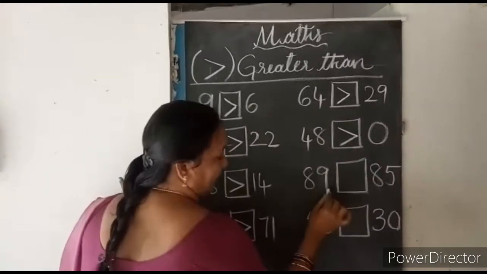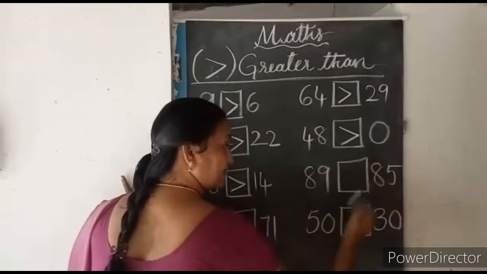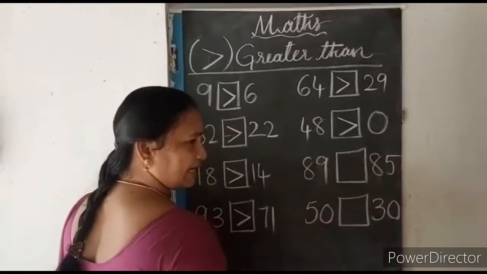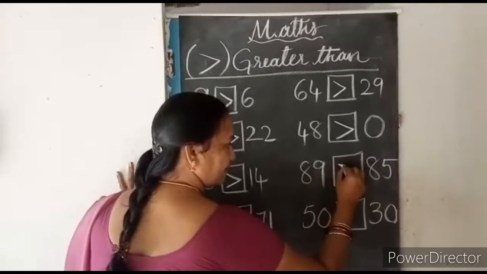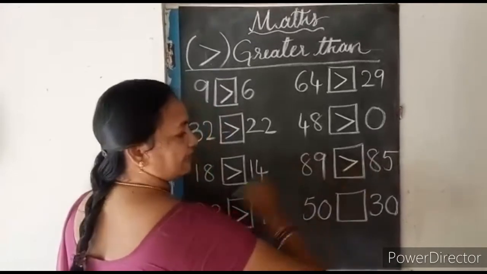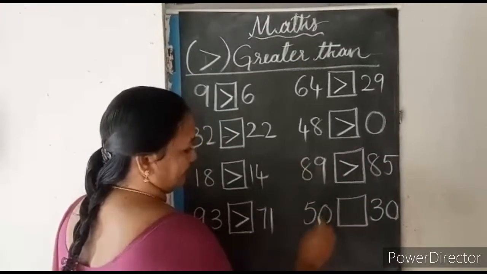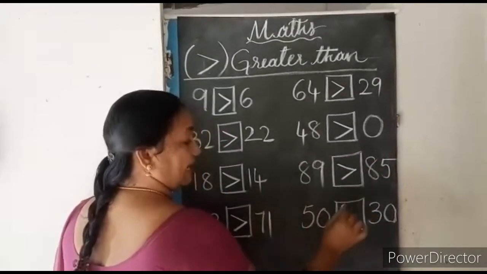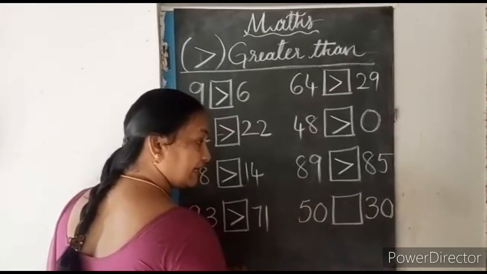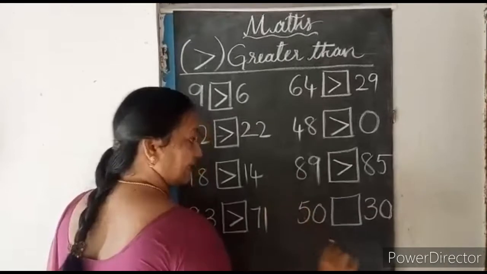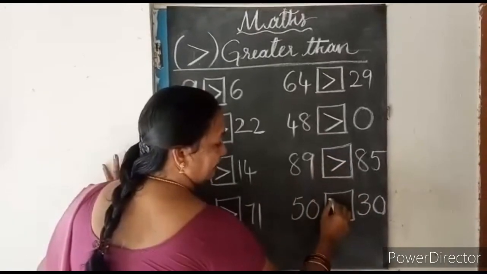Then, is 89 greater than 85 or smaller than 85? It is bigger than 85. That means greater than 85. Again, is 50 greater than 30 or smaller than 30? It is greater than 30.